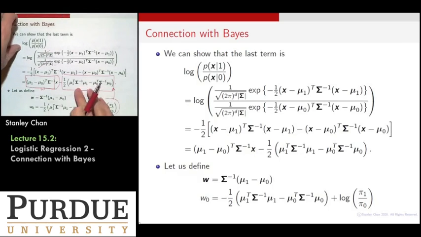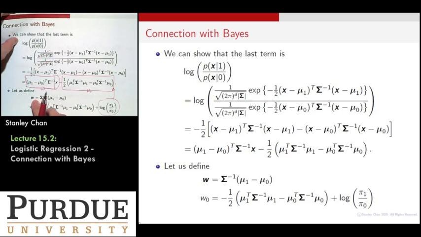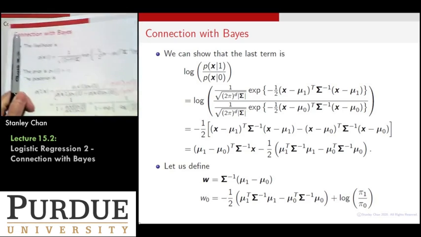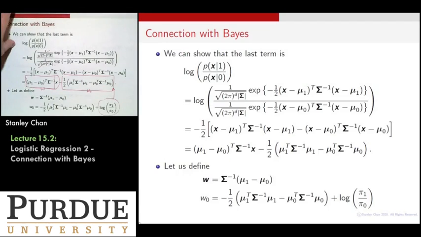And therefore you have this log of the likelihood ratio, and you show that you can write it in a very interesting form, which is that, go back to this slide. This entire thing can become W transpose X plus W0. There's a minus sign outside. Okay, so that is the connection.